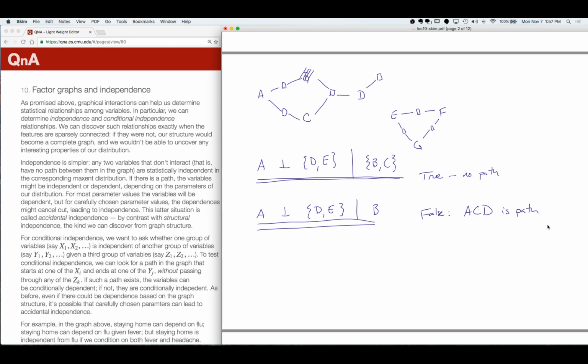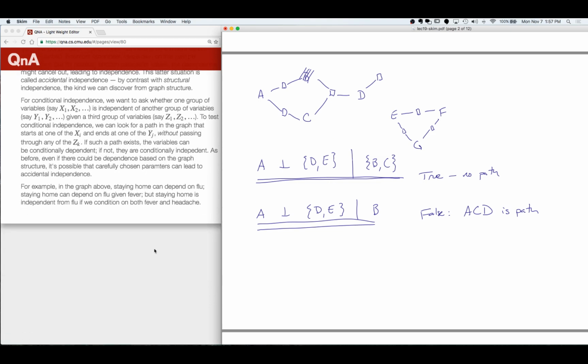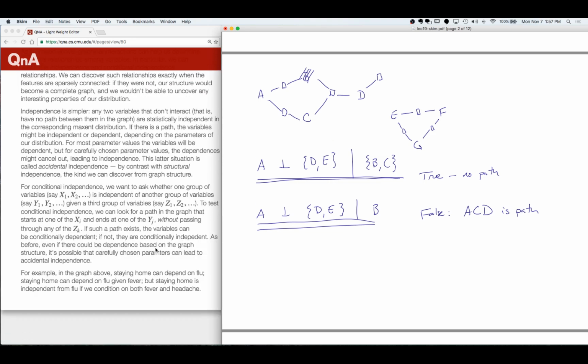Now, I'm going to do an example of this in a second, but before we get to the example, I want to talk about one last thing, which is this idea called an accidental independence. So even in this graph, this graph represents a Maxent distribution that has a parameter vector theta. And so even in this graph, it's possible that we could set theta so that A and D are independent.